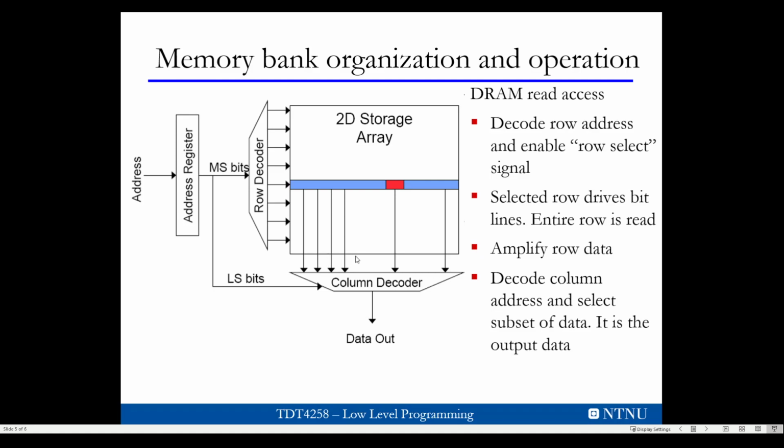To select those 64 bytes among these 1k or 4k bits, we use a column decoder. The column decoder is fed by the lower significant bits of the address, or the column address. Based on this address, we choose our bits of interest. For example, in this case, we might want to choose only these bits and discard all other bits. So this is how we read data from a memory, which is a 2D array of individual storage cells.